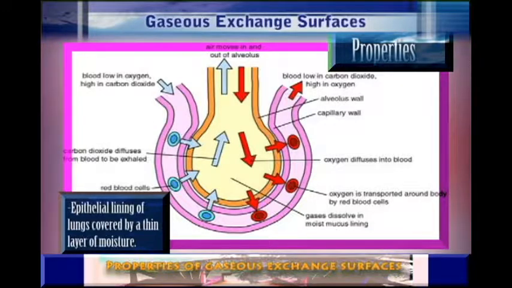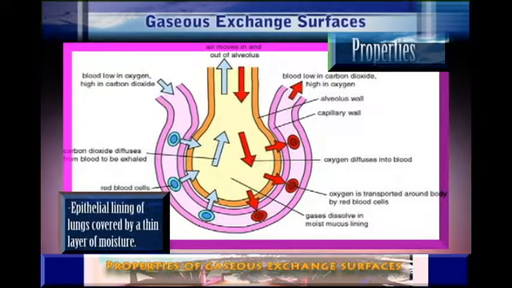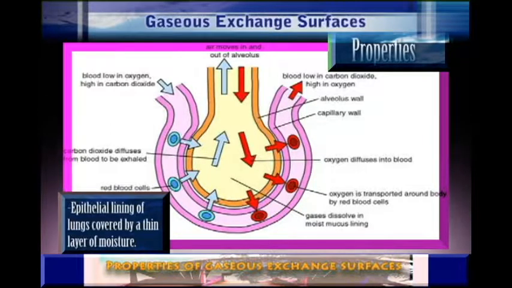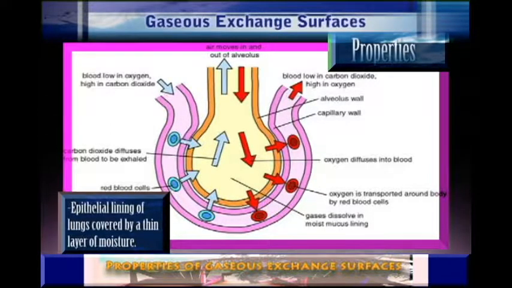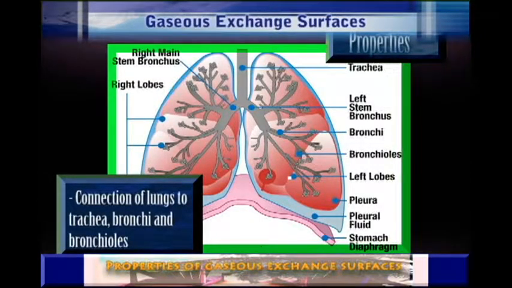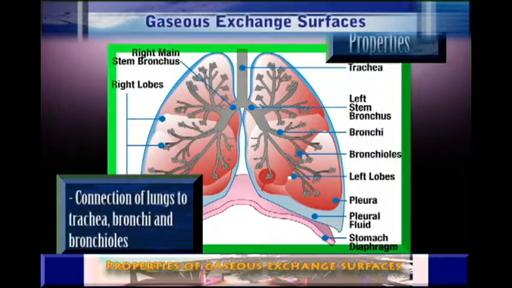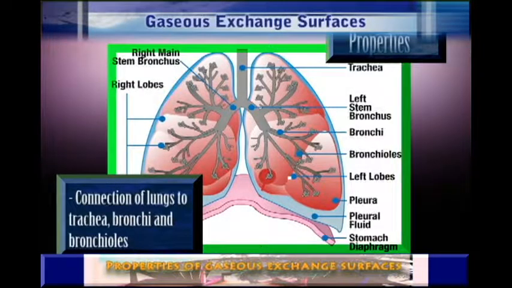This thin layer of moisture allows the dissolving of oxygen into the moisture so that it can easily diffuse across the membrane into the alveoli.